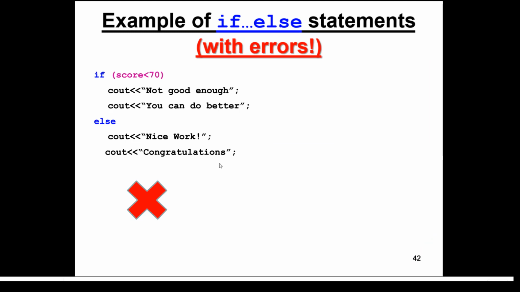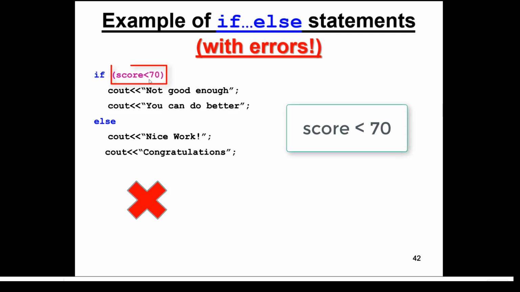Okay, let's look at this example of an if-else statement. This is an if-else statement with errors. If we run this code, we would get an error. Why? What the programmer was trying to do is, if the condition score less than 70 is true, we want to print out these two statements: not good enough, you can do better.